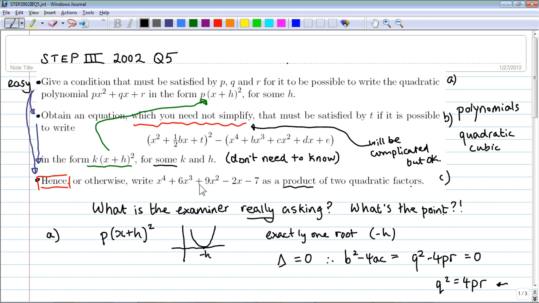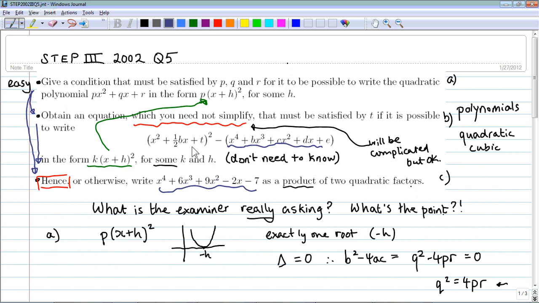So since this is a quartic polynomial of exactly the same form as this, it's obviously intended that we should write b equals 6, c equals 9, d equals minus 2, and e equals minus 7.